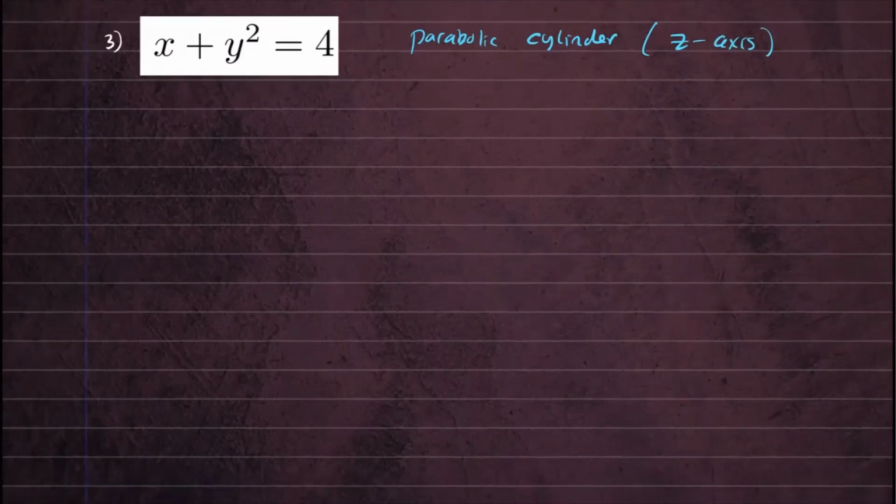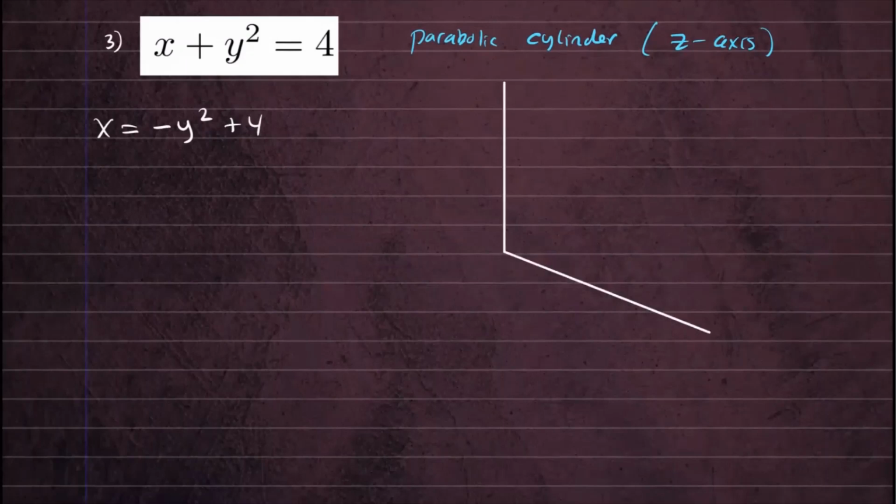So let's take a look at how this is going to come out. If you think about it this way, you have x is equal to, subtract y squared on both sides, negative y squared plus 4. So we know that x equals y squared is a parabola. So negative y squared is just the reflected one. So imagine something like this.